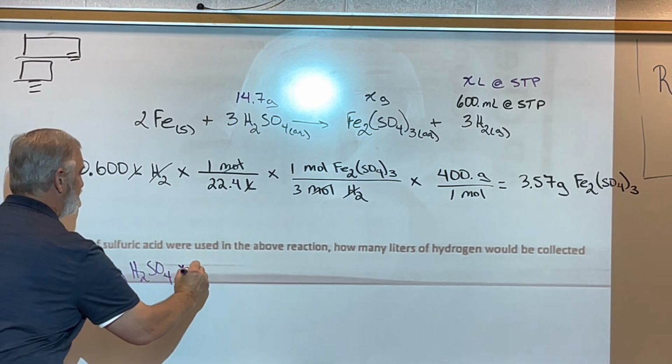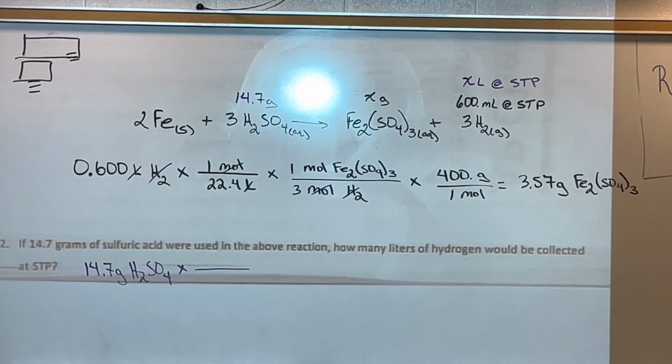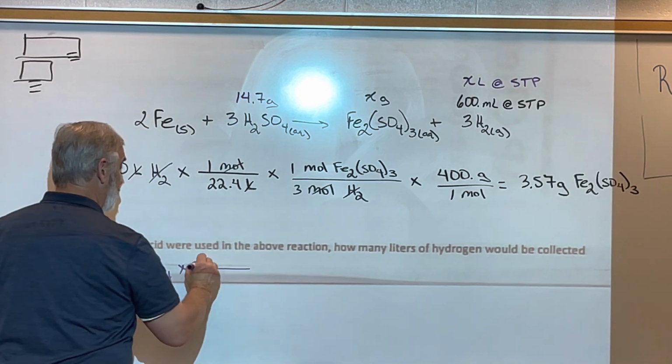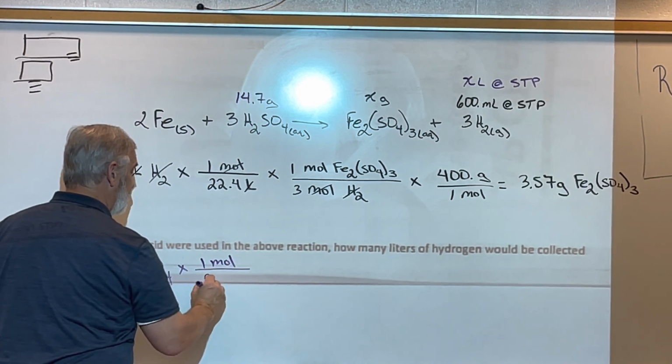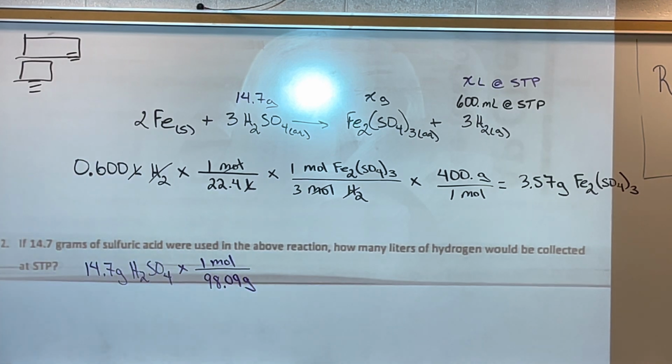So what's my next step? Molar mass, because you always take the given to moles, using the molar mass. So, 1 mole over 98.09 grams. I think we figured that out earlier, maybe not. That's the molar mass of H2SO4.